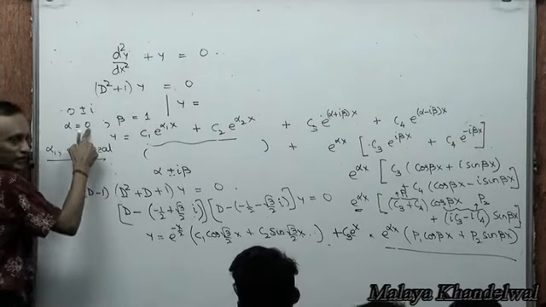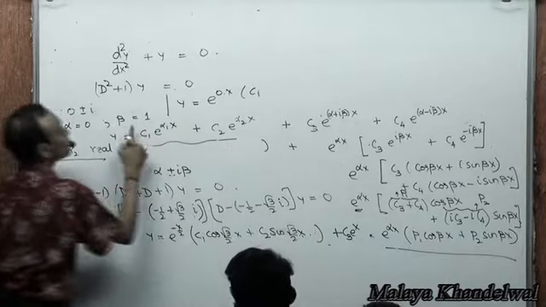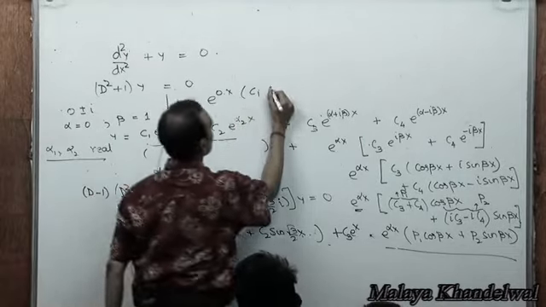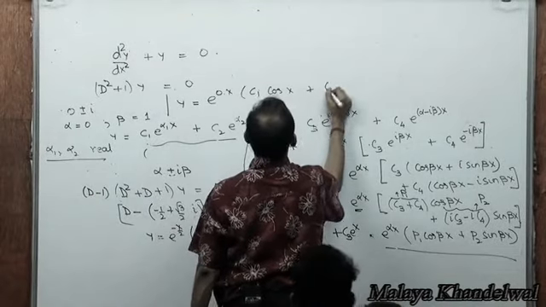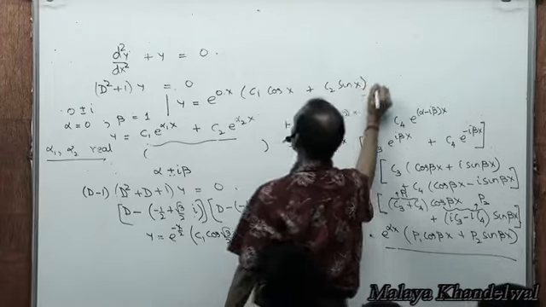e power alpha x, so e power 0 into x, c1 cos beta x, cos x, plus c2 sin x. That's the solution.